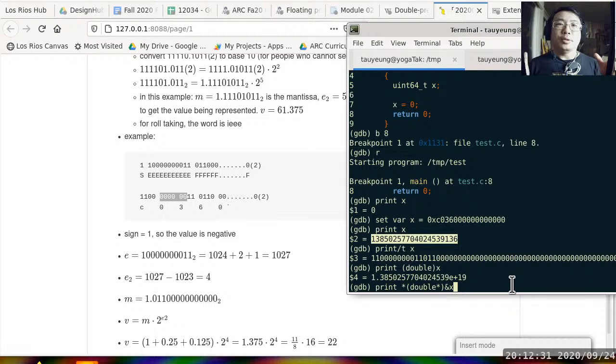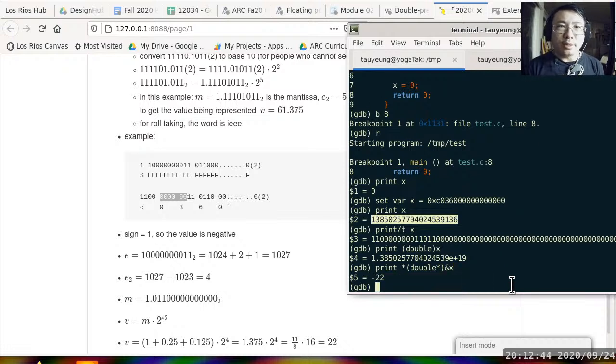In other words, now we want to say, what is the content of this location? And we know this location is a double because I casted the address first to the address of a double. So now we look at the answer and go, oh, that is good, right?